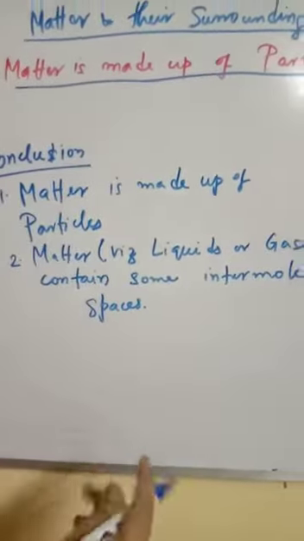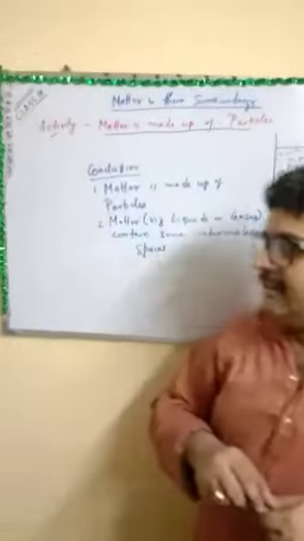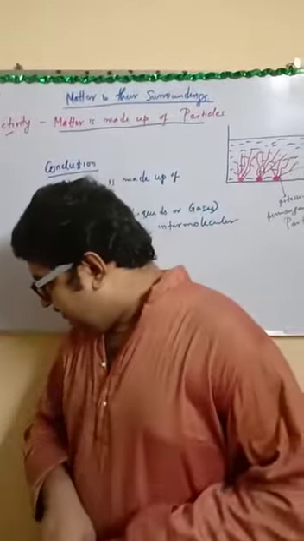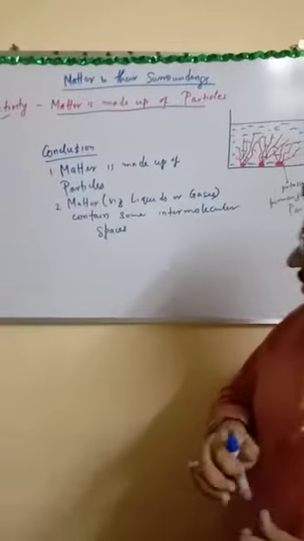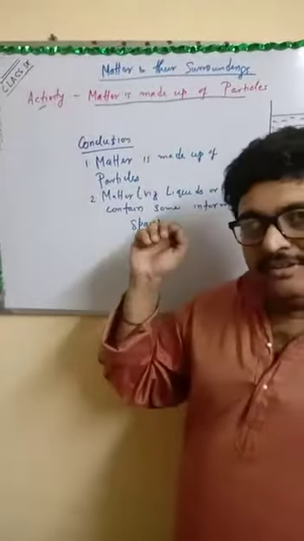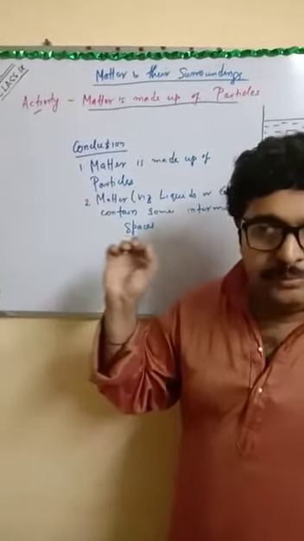Now a question will come, what about the solid? Yes, in solids this intermolecular space is very less. And in a solid the particle can just oscillate about its mean position.